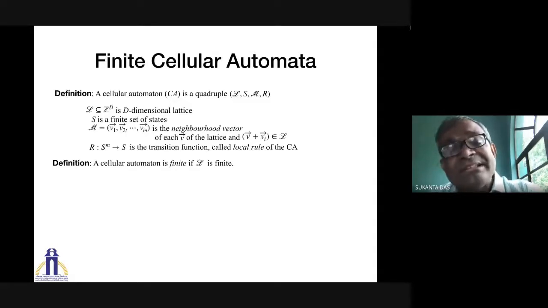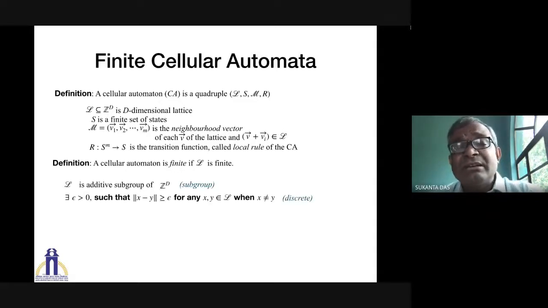Now, what does this finiteness mean? It has several implications. Firstly, we have discussed before that L forms a lattice, and to form a lattice, L has to be an additive subgroup. So two properties were there.